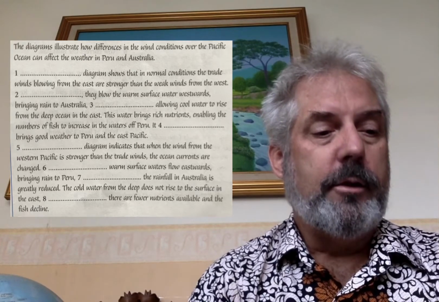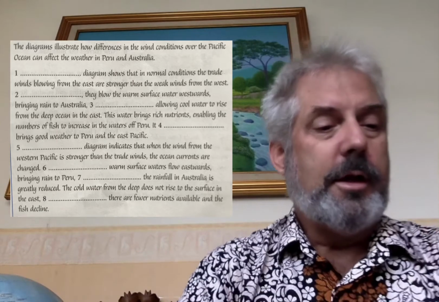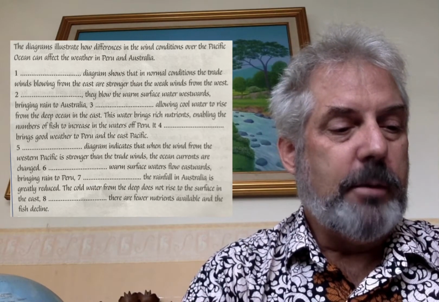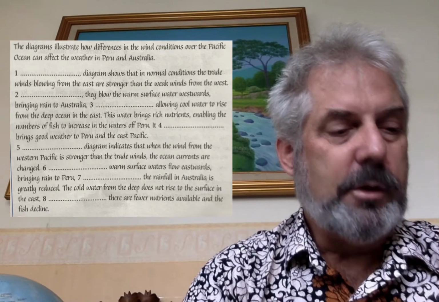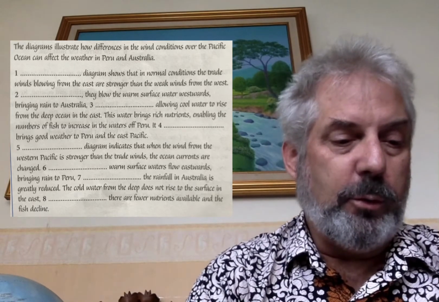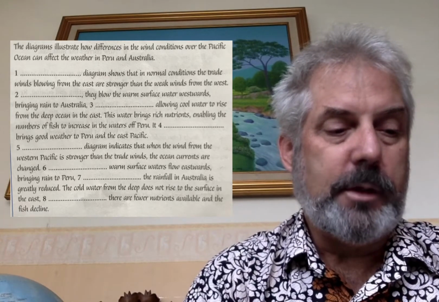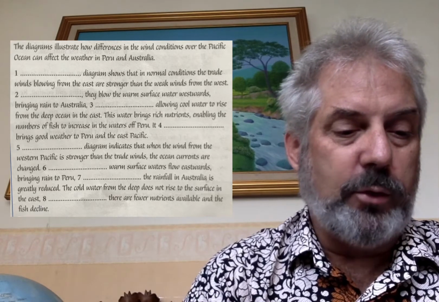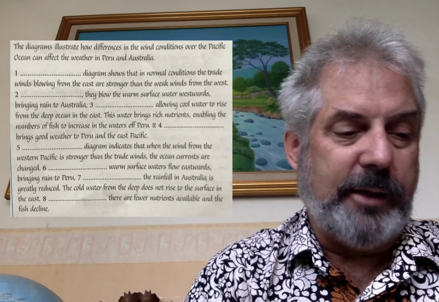The first paragraph begins with the first diagram shows that in normal conditions, the trade winds blowing from the east are stronger than the weak winds from the west. Number two, consequently, they blow the warm surface water westwards, bringing rain to Australia. 3, while at the same time allowing cool water to rise from the deep ocean in the east.